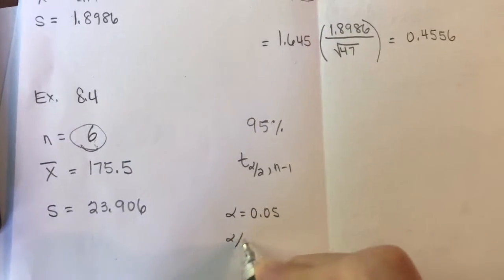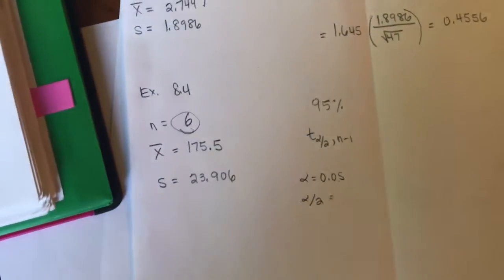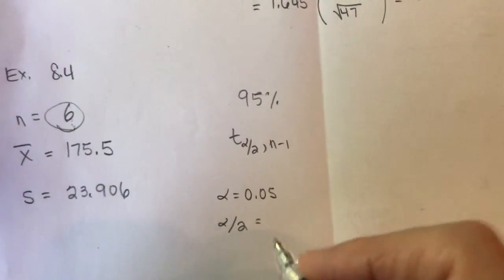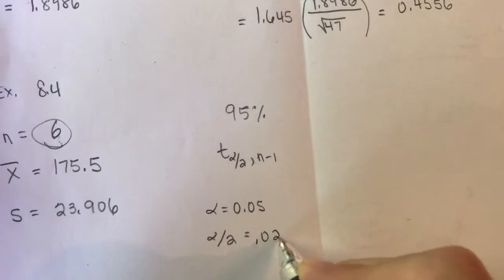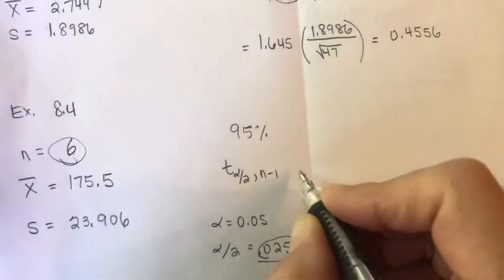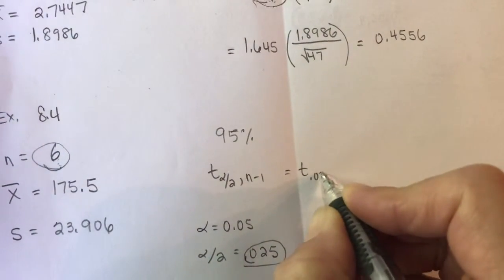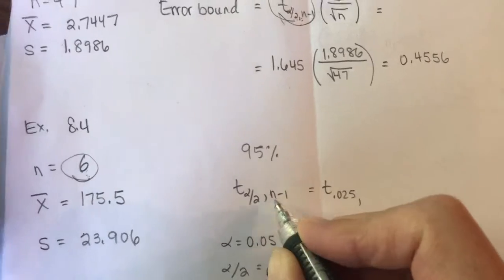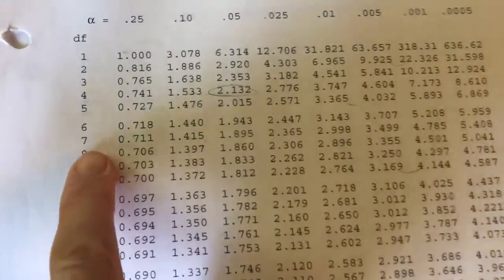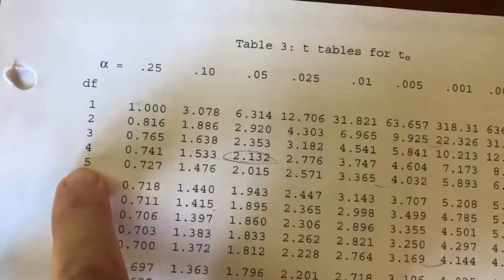Okay, so then you're going to take alpha, divide that by 2, which is what? And I should have had this all written down. And I wanted to be 95% confident, but that's 0.025. So I'm going to look at this column. So this right here is 0.025. It's n minus 1, so 6 minus 1, or 5. So I'm going to come over here, and I'm going to go to my 5 degrees of freedom.